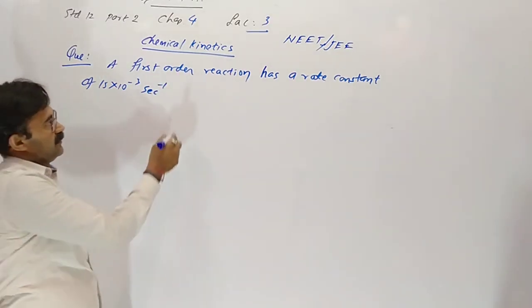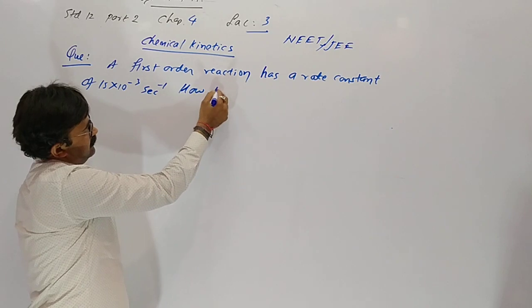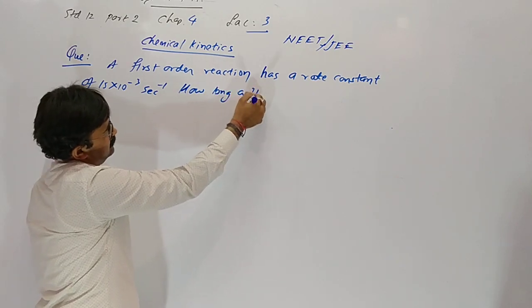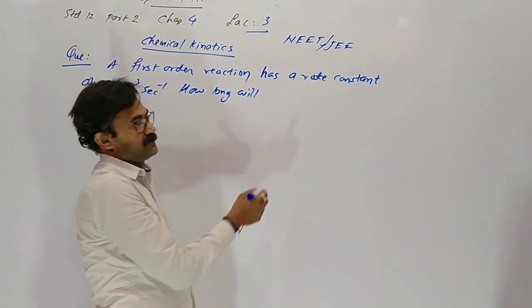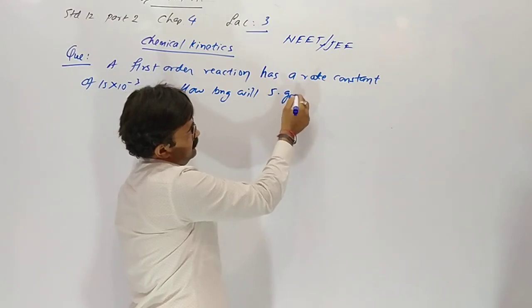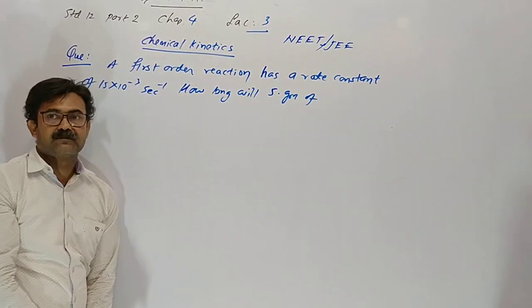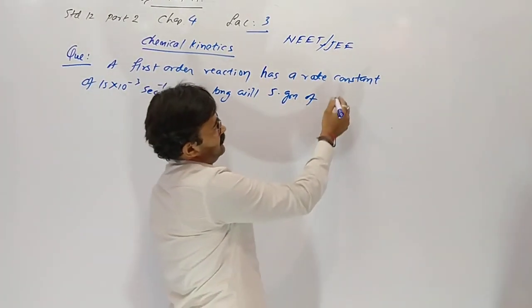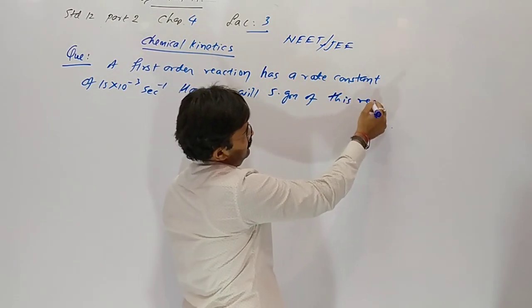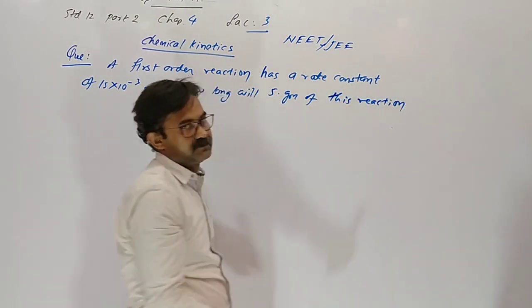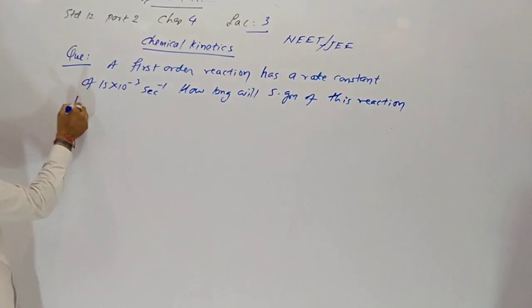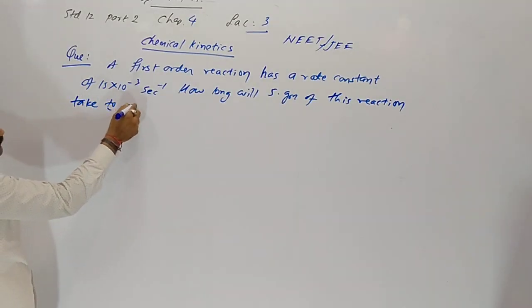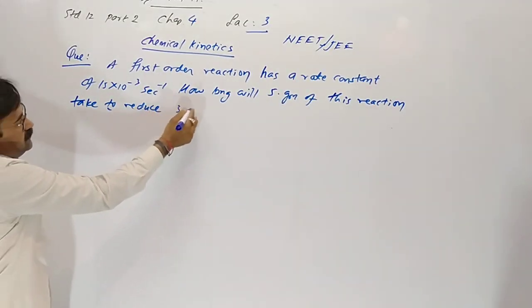How long will 5 gram of this reactant take to reduce to 3 gram?